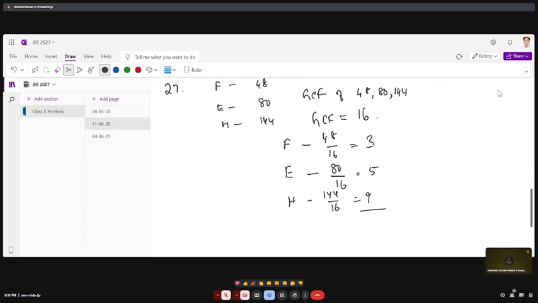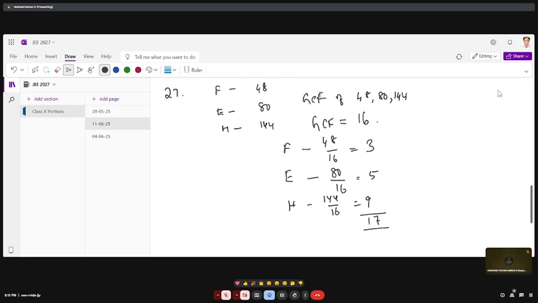So total, three rooms for French, 5 rooms for English, 9 rooms for Hindi, 17. Total 17 rooms are required. Okay. Next problem.